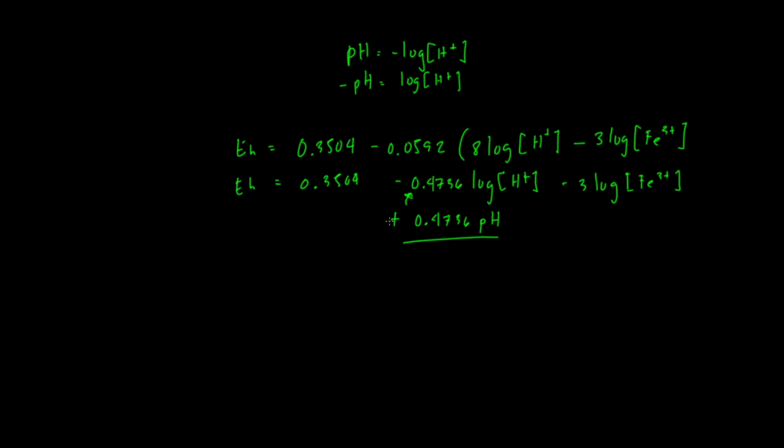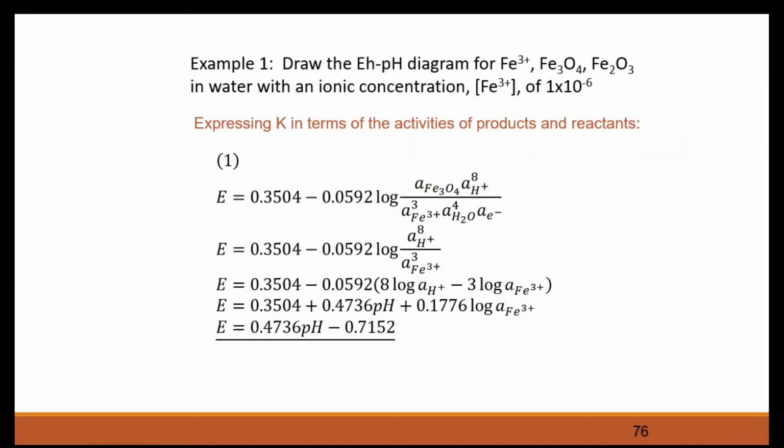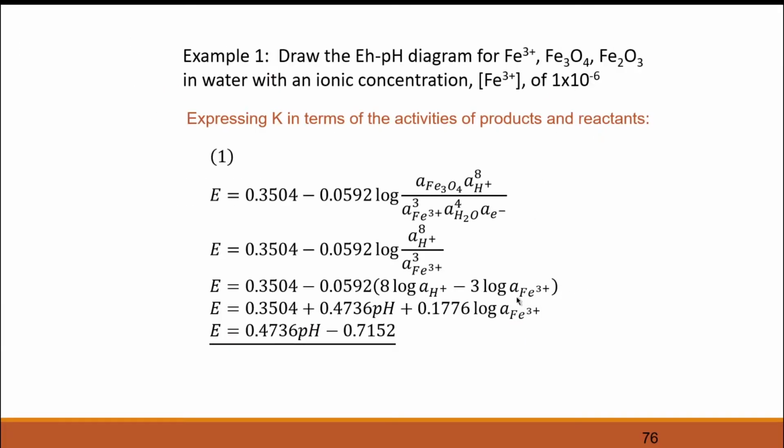So we have our Y value, this is our Y, this is our X, and we have this term. But remember in our problem, when we make a Pourbaix diagram, we usually set the ionic concentrations. In this case, the ionic concentration of Fe3 plus is given in the problem: Fe3 plus is just 1 times 10 to the negative 6.